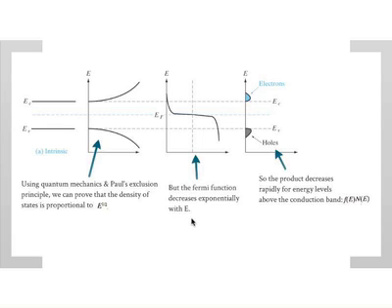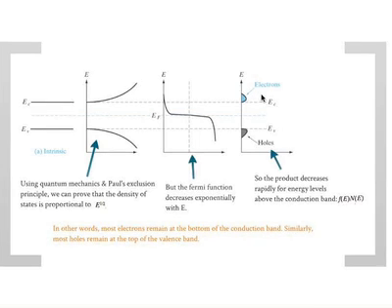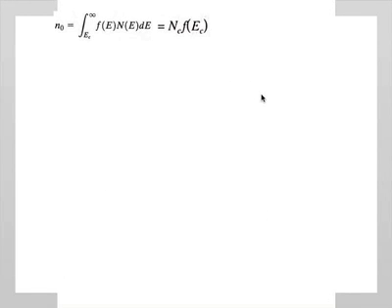The product decreases rapidly because the exponential is much faster than the square root of E, so rapidly for energy levels above the conduction band. This is the integrated version, so that's important. In other words, most electrons occupy the bottom of the conduction band, and most holes occupy the top of the valence band. Again, something we knew before, nothing surprising.